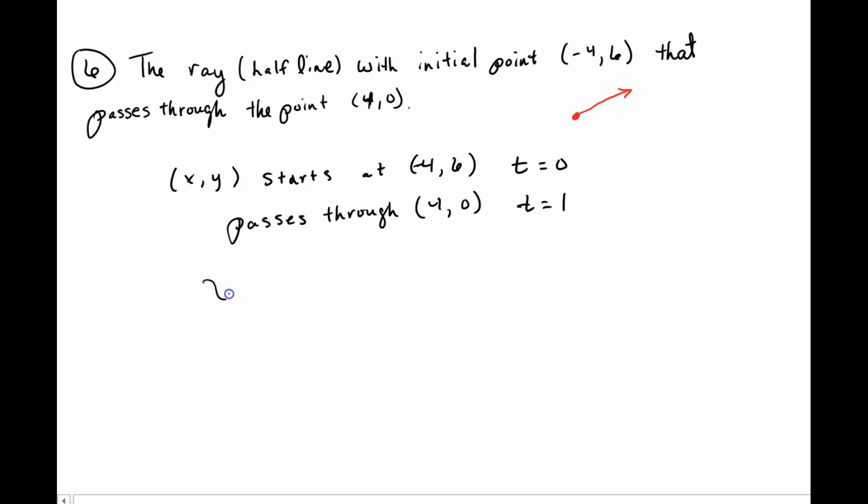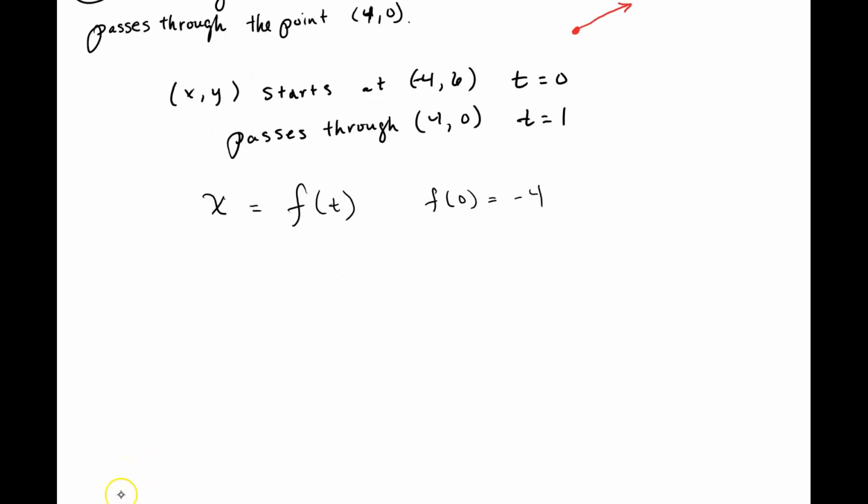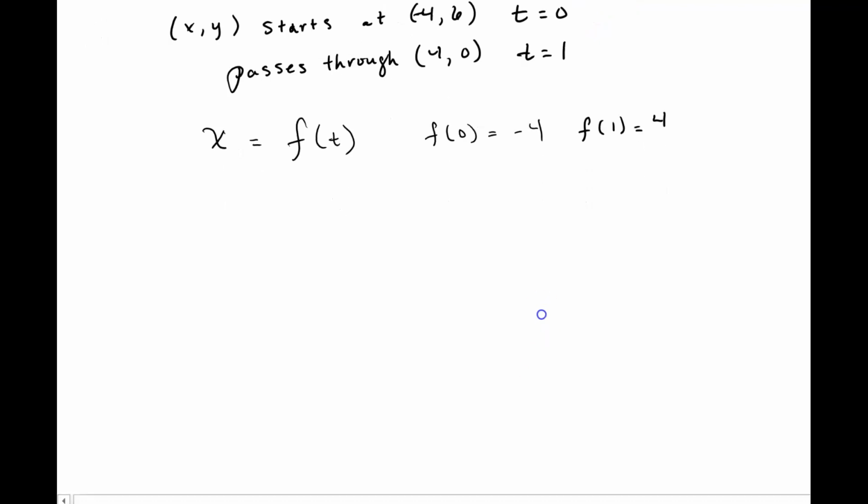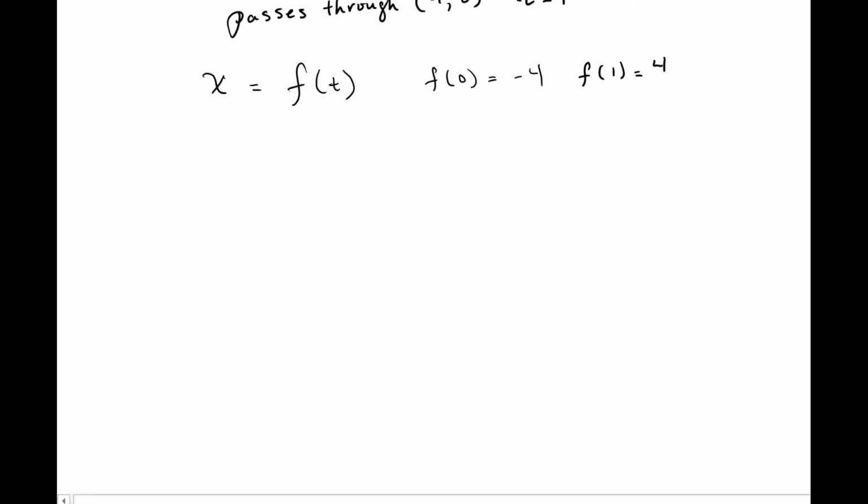So x is some function of t, f of t. When you plug in 0, f of 0, you get negative 4, and when you plug in 1, f of 1, you get a positive 4. That's important to note here. Now let's take a look at y. y is some function of t, and we're going to call it g of t.